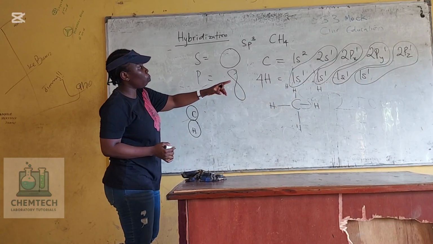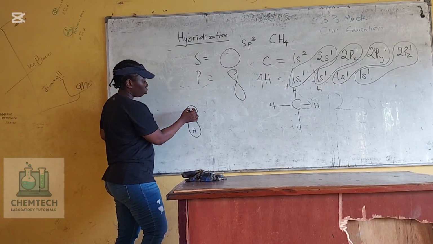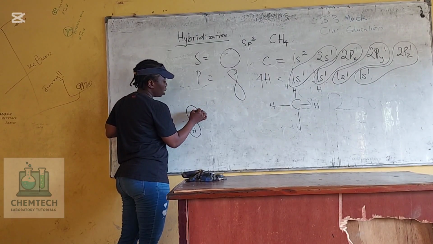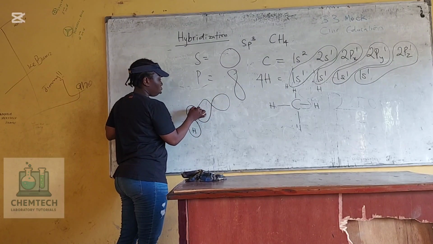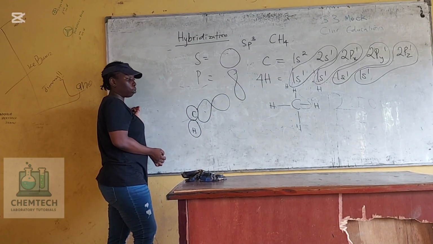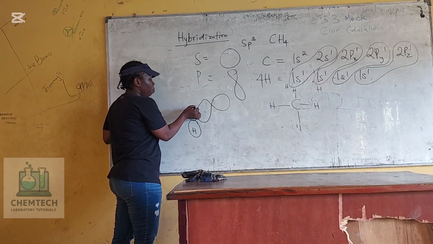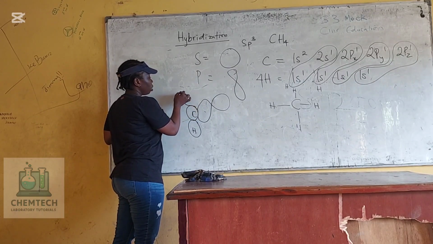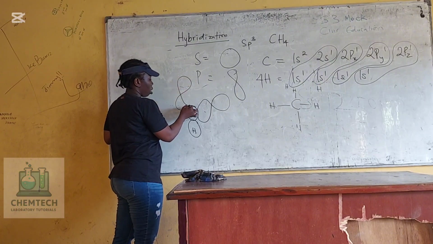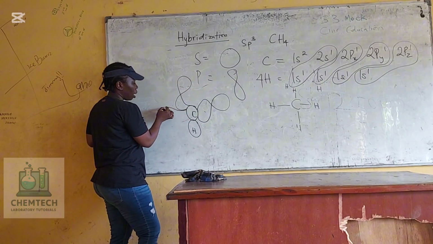Now for the p orbital of carbon, p orbital of carbon, then the second p orbital, and the last p orbital.